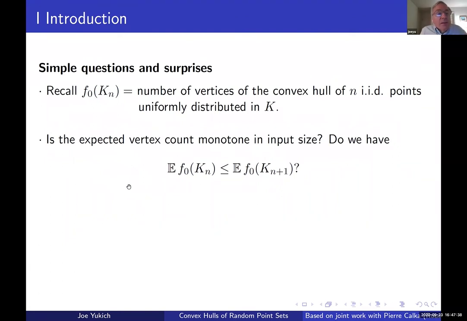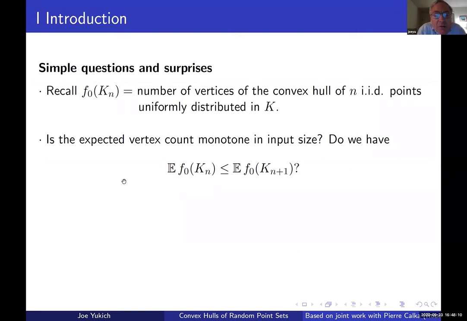Okay, just to complete this introduction, there are some very simple or seemingly innocuous questions that one can ask, but there are some surprising answers. So let's just recall that F0 is the number of vertices of the convex hull of n points put down uniformly at random in K. One could anticipate that the expected vertex count should be monotone in the input size.